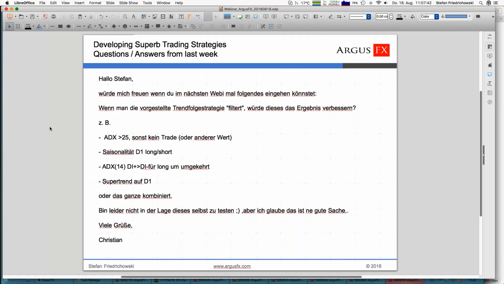So the limitation of what kind of parameters or the number of parameters we use for our strategy should be as low as possible, because the more parameters we have, and just an example, if we would need an additional parameter like ADX, we might need an additional period, one parameter. We might need thresholds like this 25.